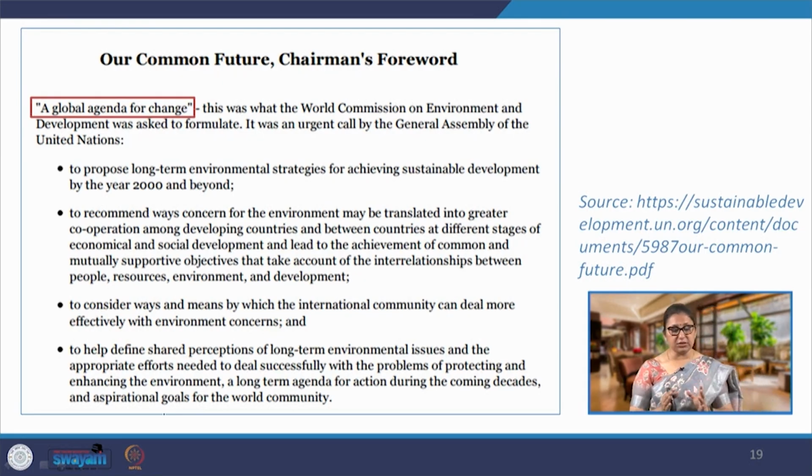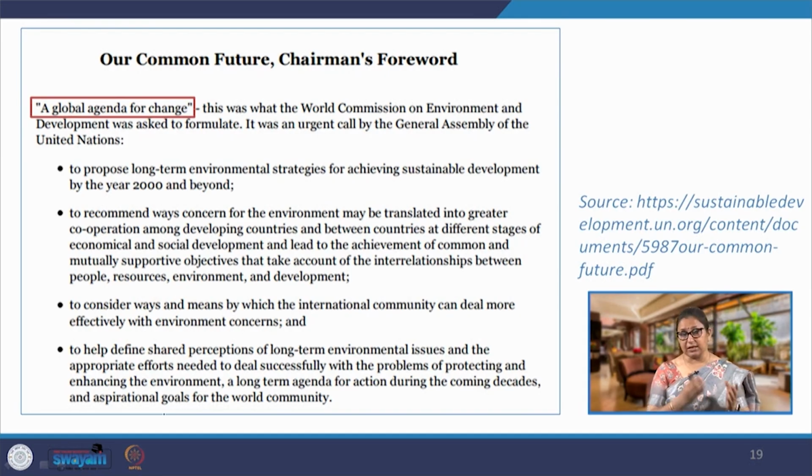There was an urgent call by the General Assembly of the United Nations that there is a need for a global agenda for change, how the world should go forward, and that is what this report puts forth. It proposed long-term environmental strategies for achieving sustainable development by the year 2000 and beyond. This was in 1987 that we are talking about.